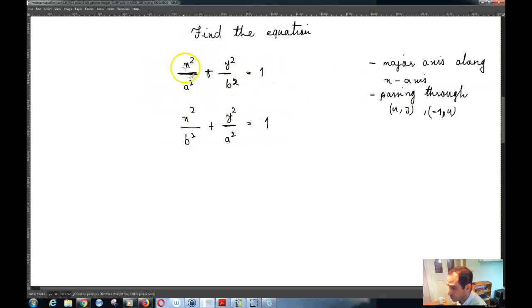You pick one of these equations, and moreover you need your A and B. So over here you can find your A and B, and then based on this you know where to put them, and so problem solved.